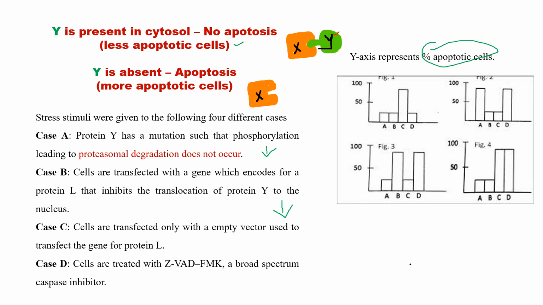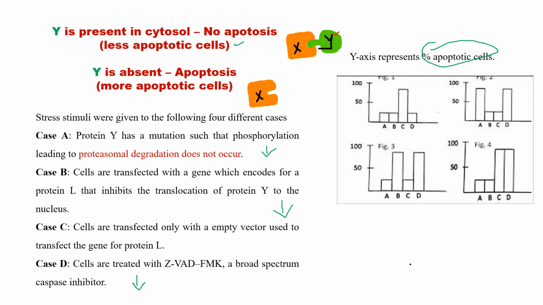If caspase protein is inhibited, there is no apoptosis or less apoptosis. Less apoptosis means less apoptotic cells. So in case D, less apoptotic cells. So in case A, case B and case D, less apoptotic cells.